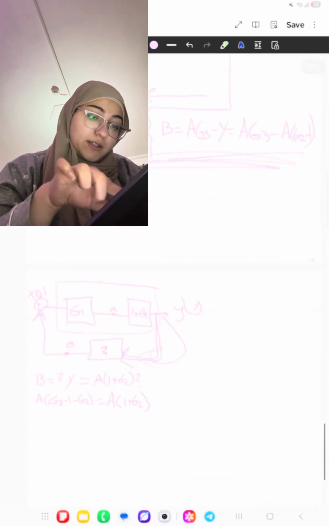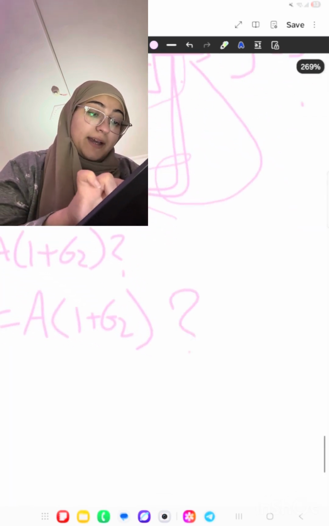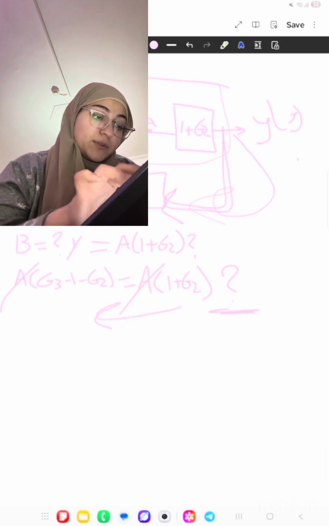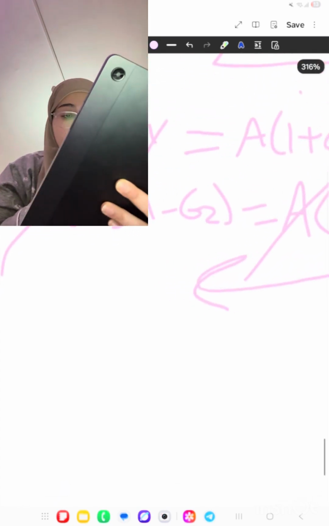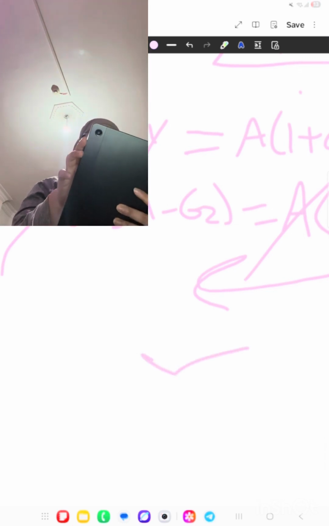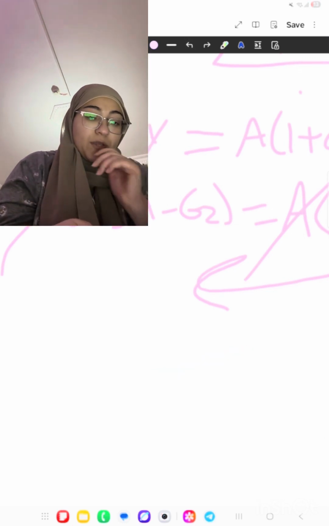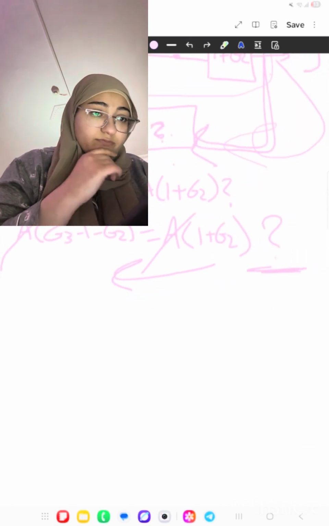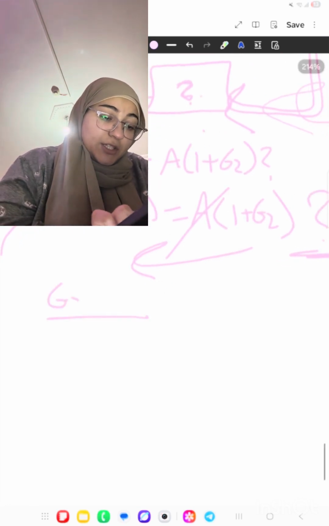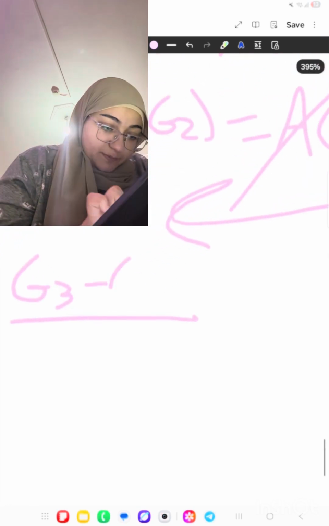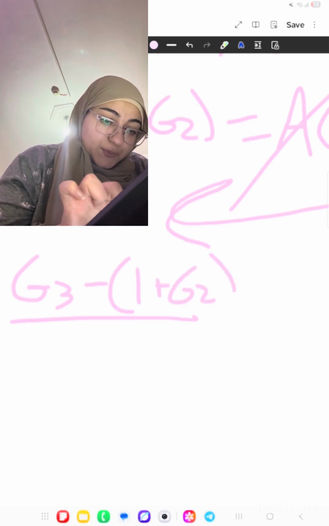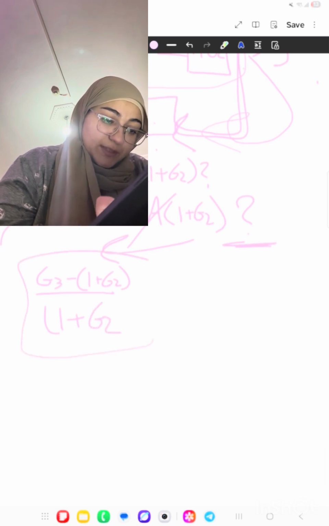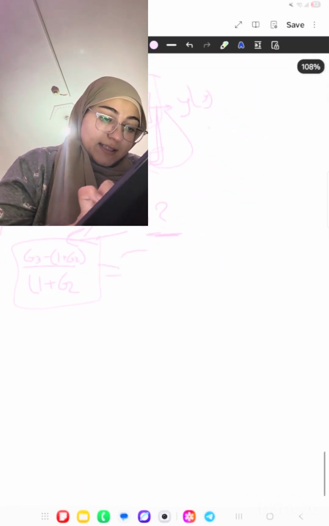The A will go with the A. If we want to find the question mark, it's going to be G3 minus 1 minus G2 over 1 plus G2. This is the block, this is the question mark.